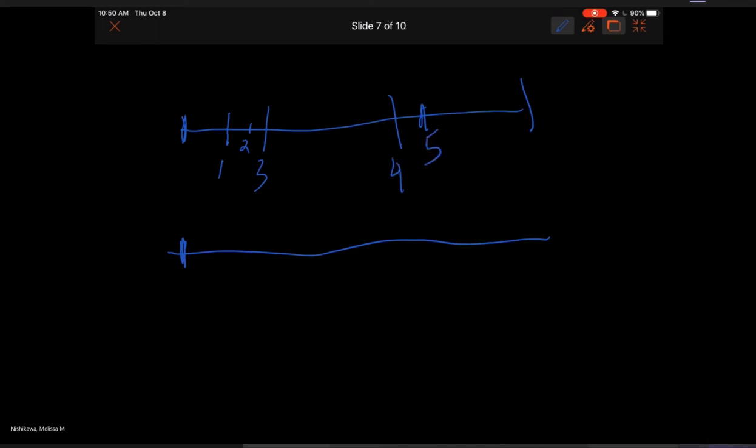Does anyone see anything wrong with my number line? Let's see if I can hear from someone other than Leo and Zoe. Hayden, what would you fix on my number line?